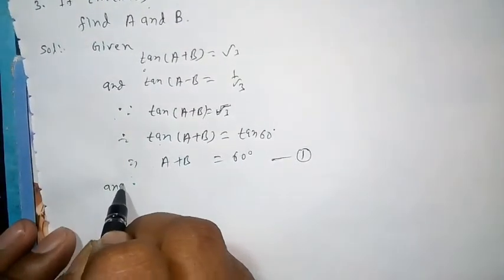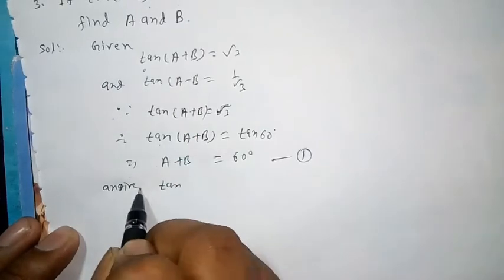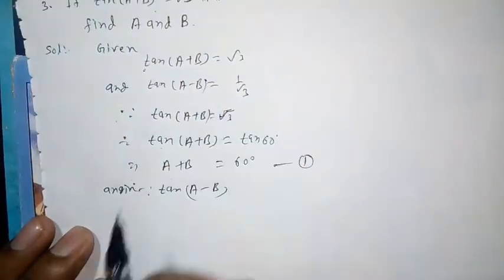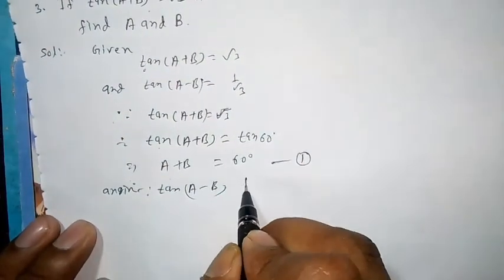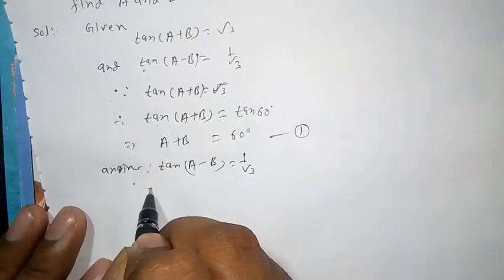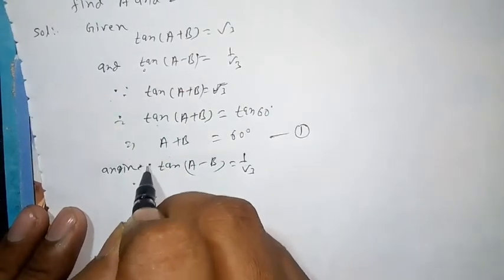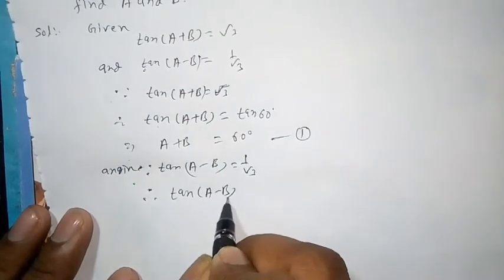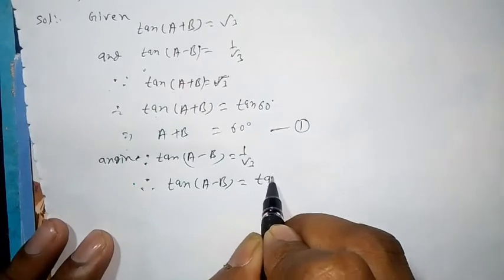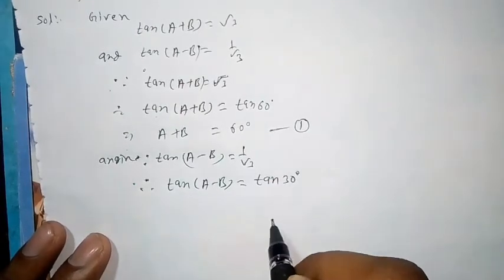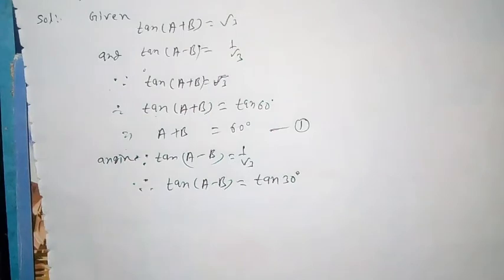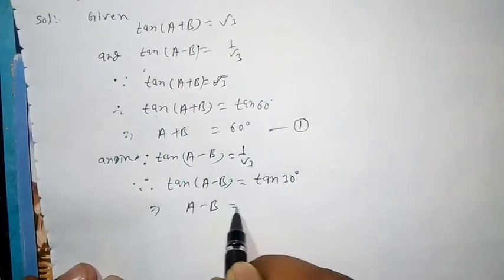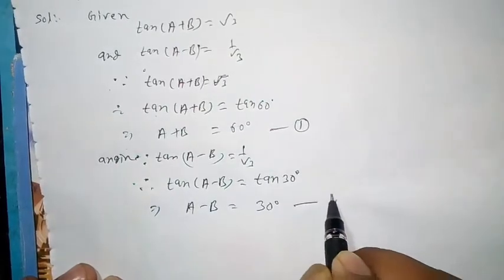Again, because tan(A minus B) is equal to 1 by root 3, therefore tan(A minus B) is equal to tan 30 degree. This implies A minus B is equal to 30 degree. Equation 2.